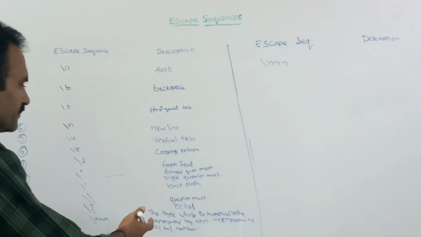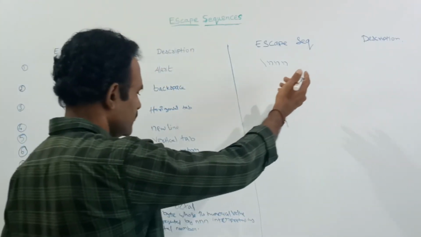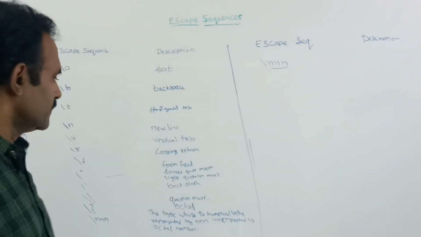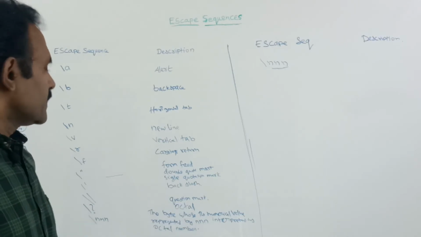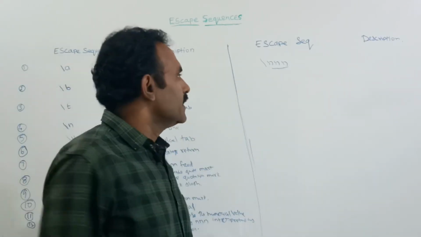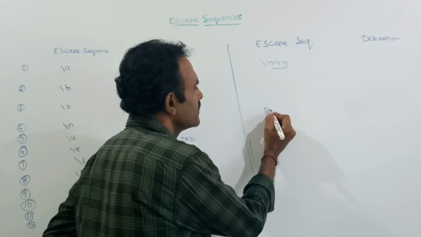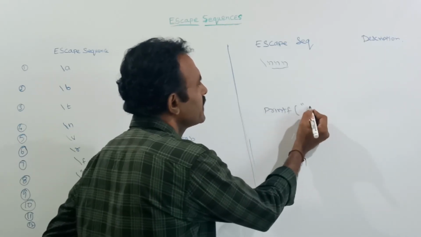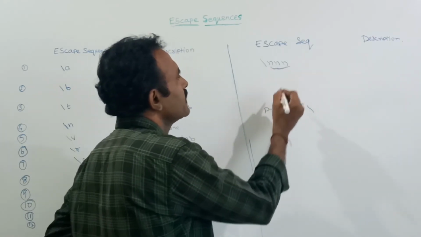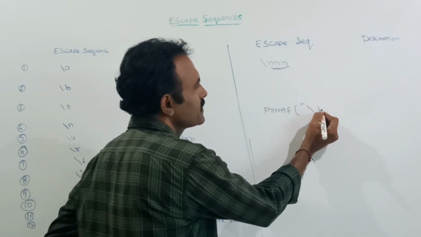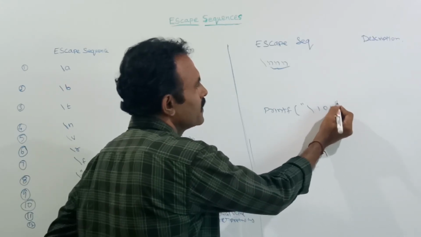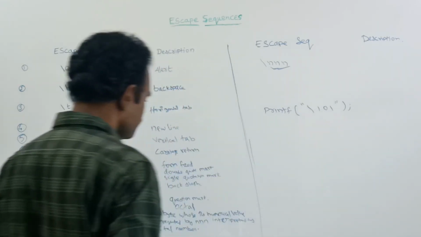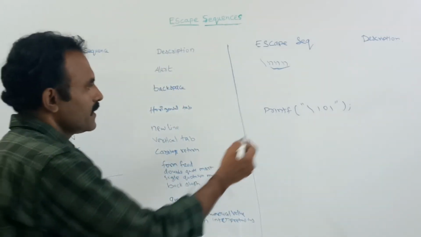Here the byte slash nn, this numerical value represented by the nn, is interpreted as an octal number. Here for example, suppose I am giving this statement printf, with slash and the numerical value of nn, suppose I am giving 101, this 101 will be interpreted as an octal number.